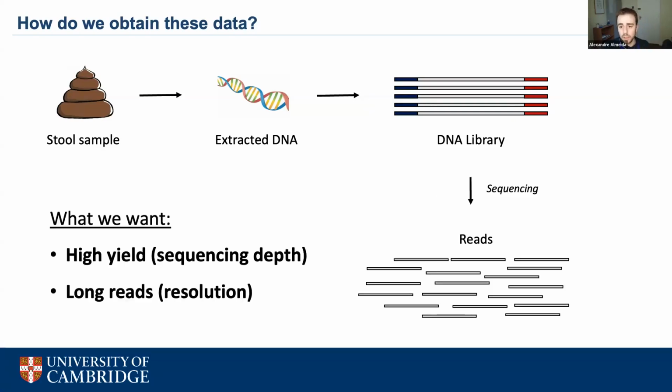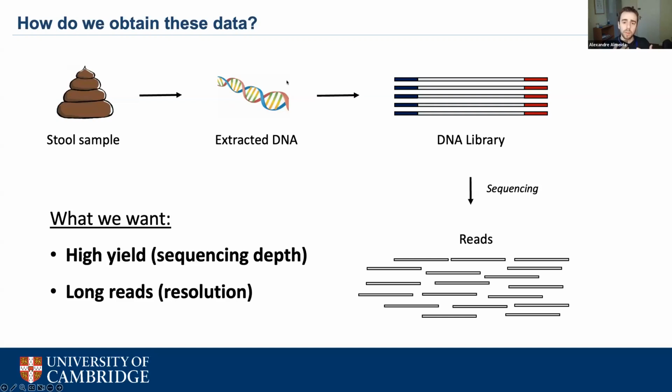Once you have the DNA library, you can sequence it with a traditional DNA sequencer, which will, to boil it down, take some sort of photocopy of your DNA. But what it outputs are sequence fragments, called reads, that represent pieces of the DNA that you had in your original template.